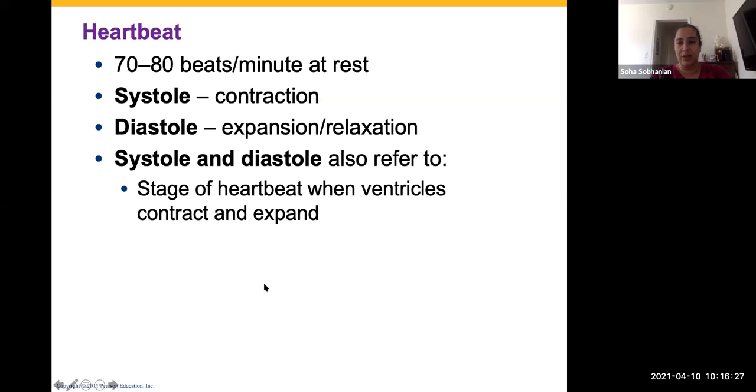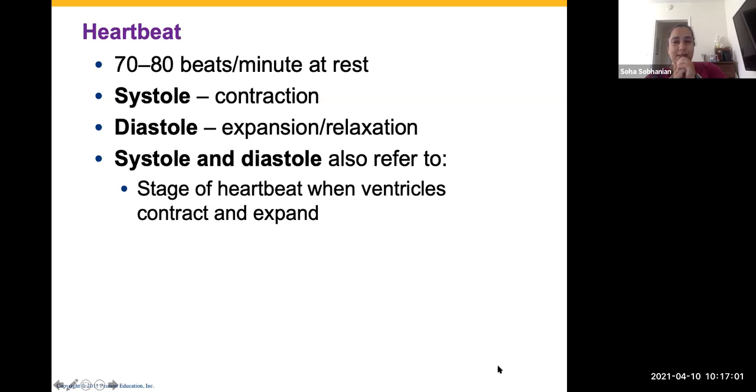Systolic pressure is associated with the ventricle, more specifically your left ventricle, contracting, creating an average pressure of 120 millimeters of mercury, which is the unit mmHg.